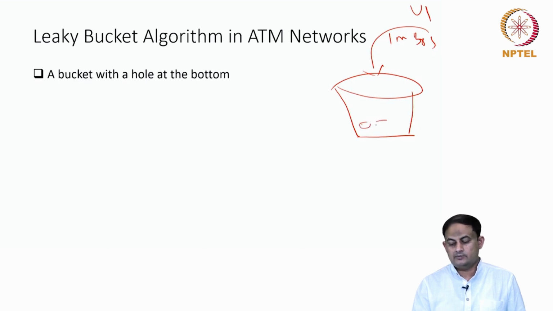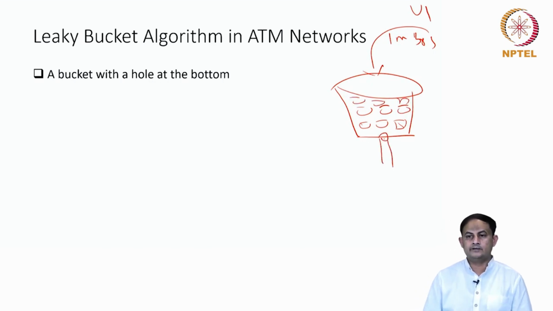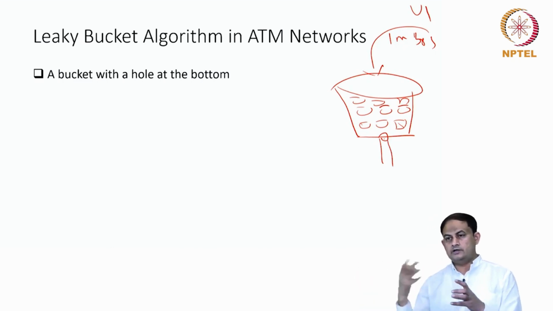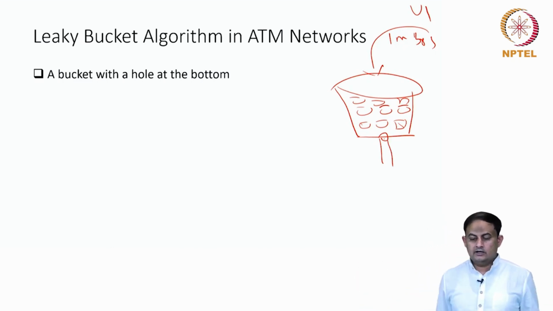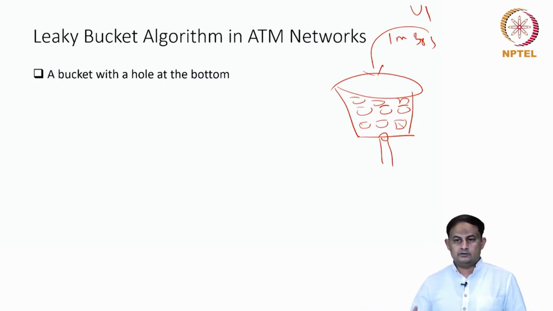Maybe packets P1, P2, P3 are all put inside this bucket, and they take turns, exiting at a constant rate depending upon the size of the hole. Such an algorithm is called the leaky bucket algorithm. The bucket leaks at a constant rate.